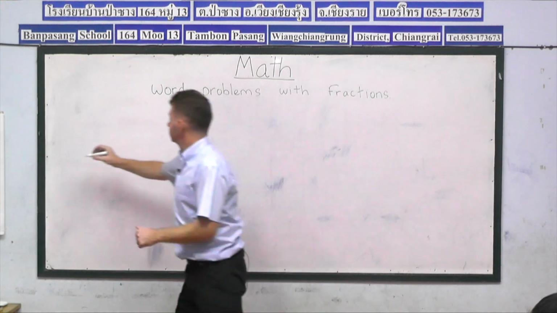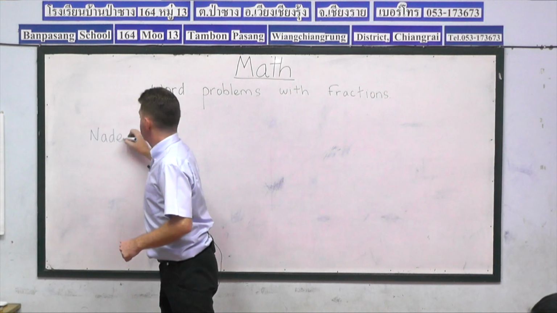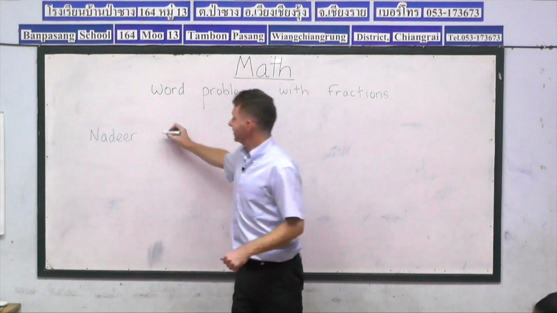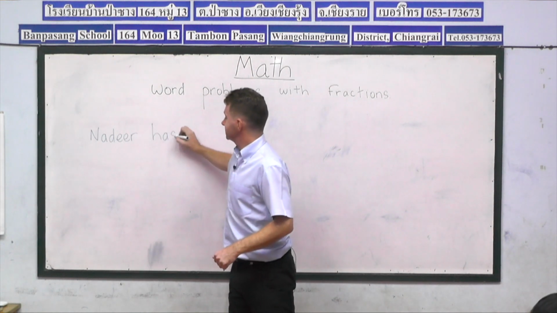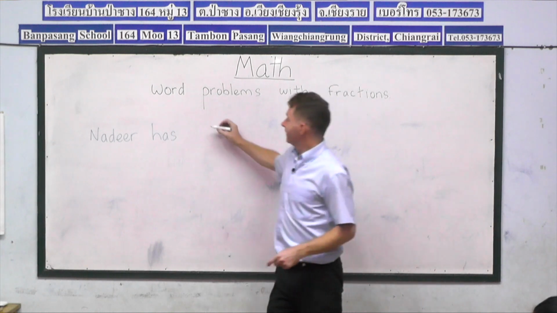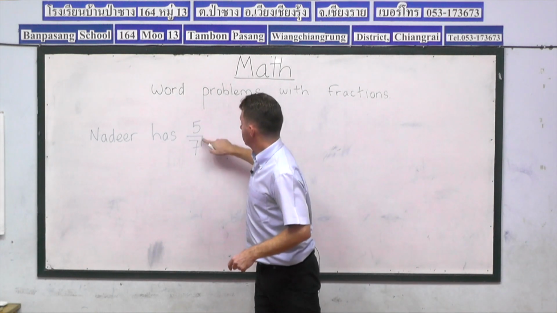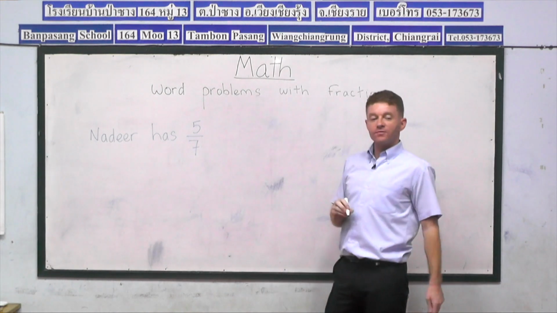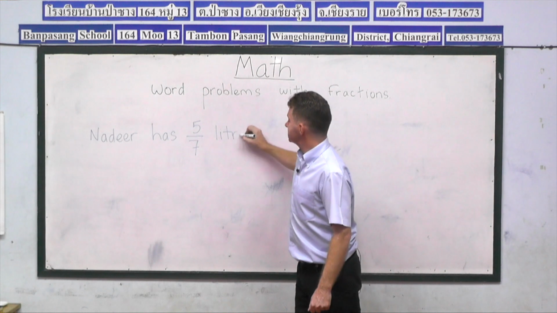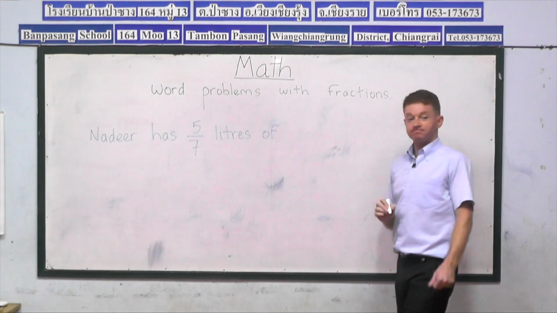So Nadia has, let's see, Nadia has 5/7 litres of orange juice.